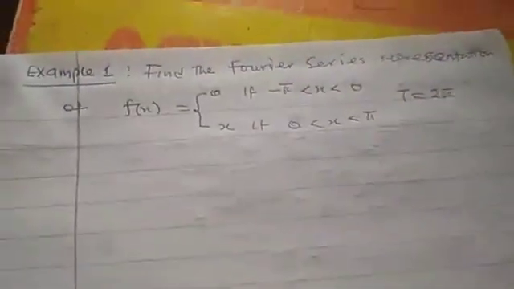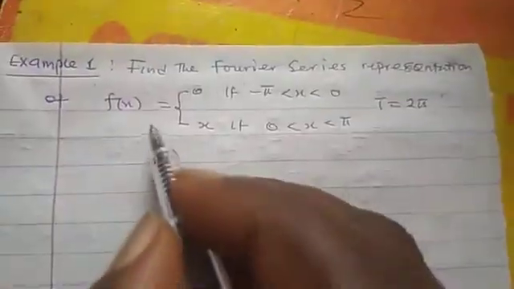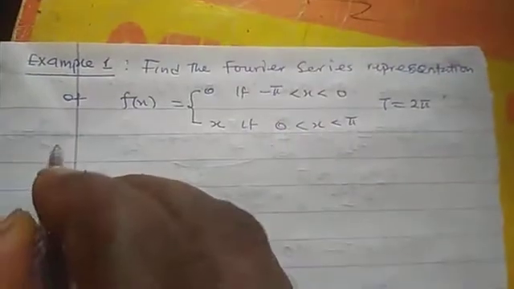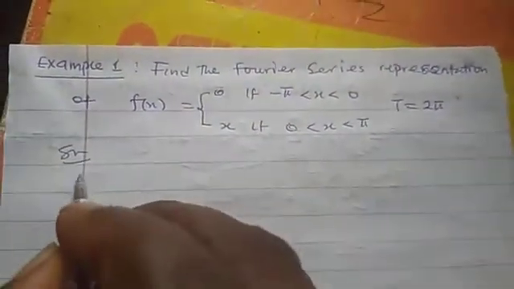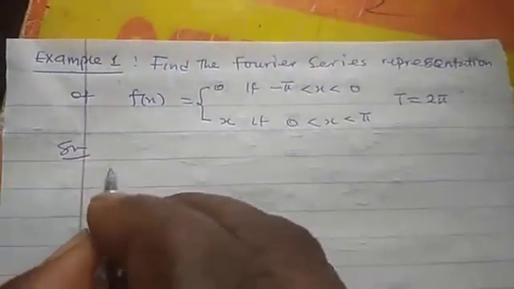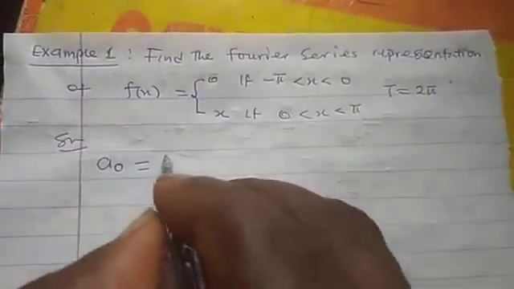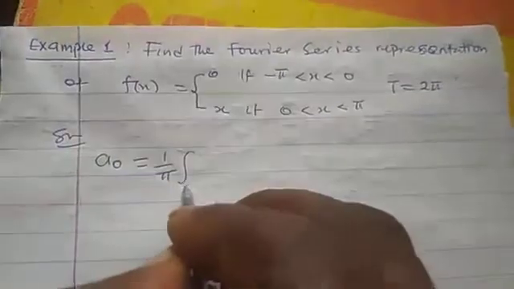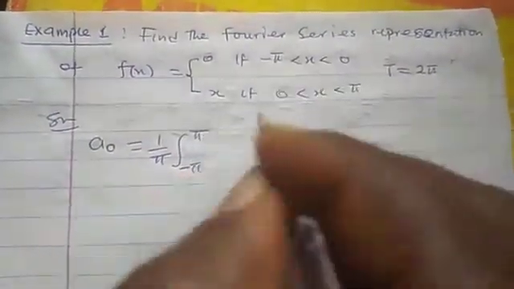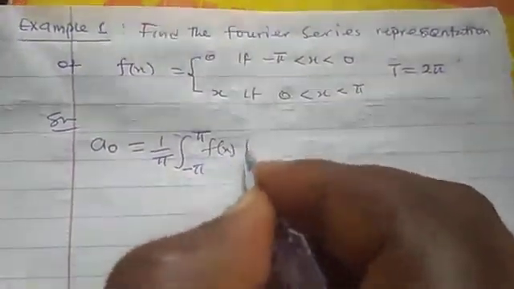So let's take an example. Now we have example 1. Find the Fourier series representation of this function. Solution. The first thing we should always take note of is our a naught, which is 1 over pi, if you remember, integral from minus pi to pi of f of x dx.